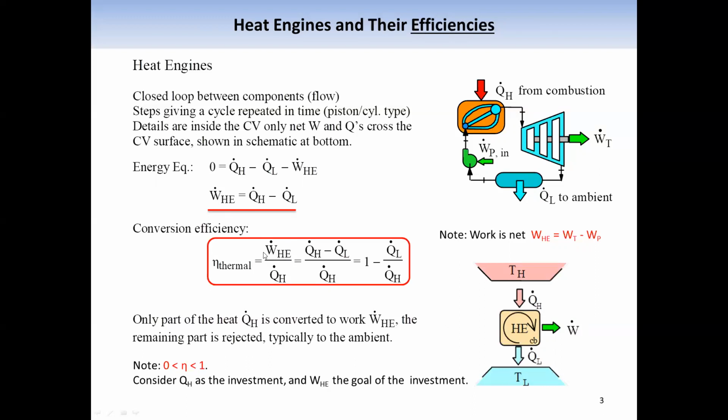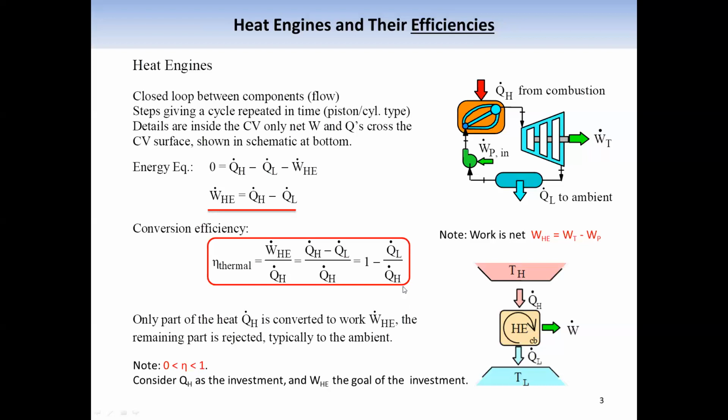If we replace this W term by the difference of the two Q terms, we get this ratio. And this ratio, of course, can be simplified to 1 minus QL divided by QH. And if we want the thermal efficiency as high as possible, we can tell this ratio has to be as low as possible.